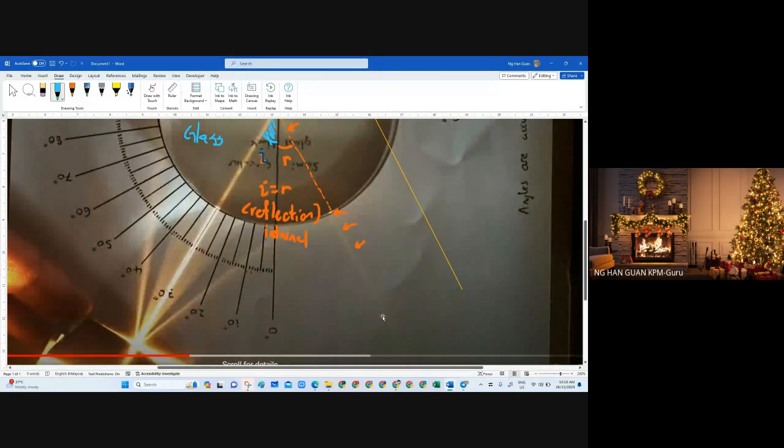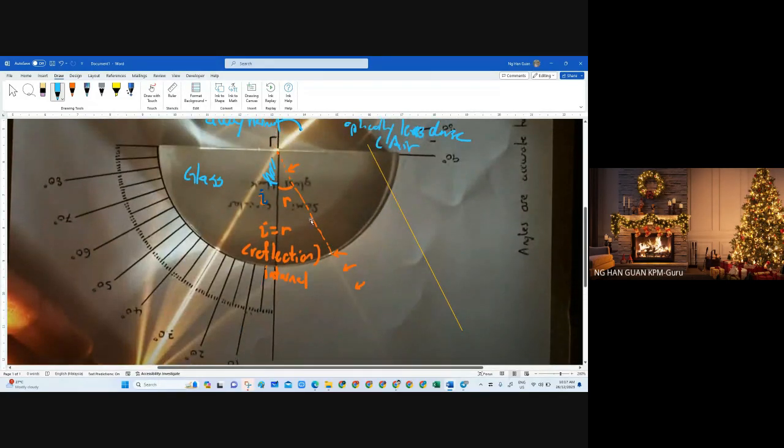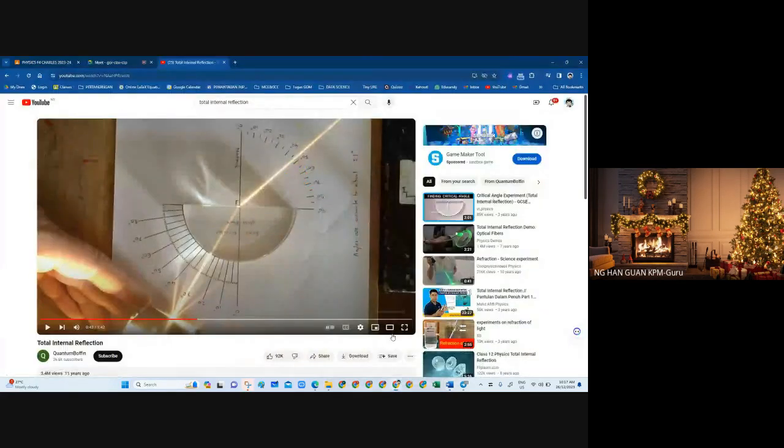So later I will replay the video. Try to observe what happened to the brightness of this internal reflection ray. Try to see the brightness. Focus on the brightness.